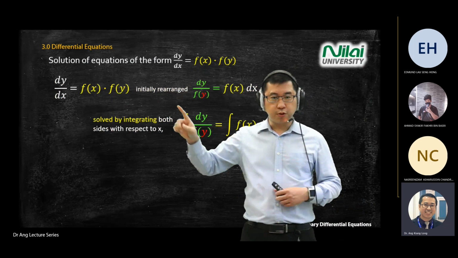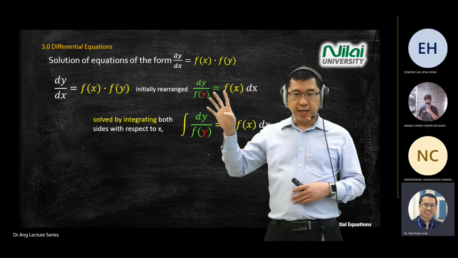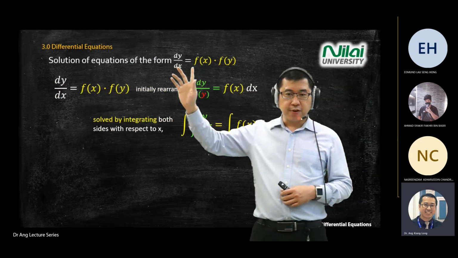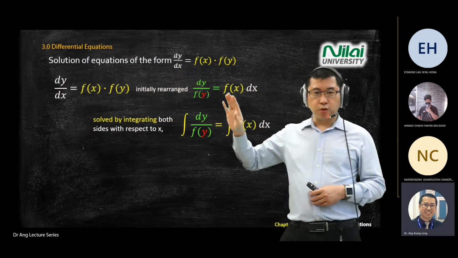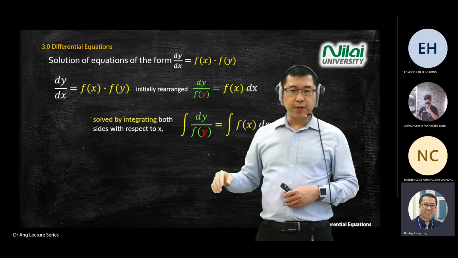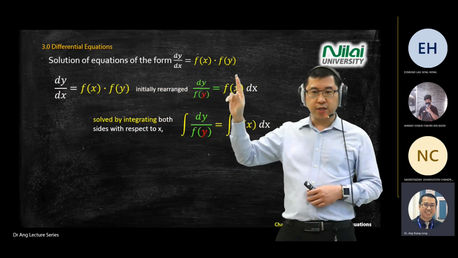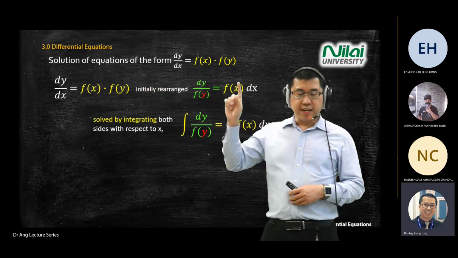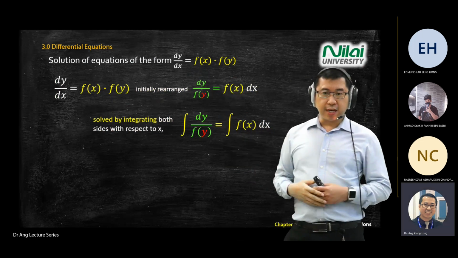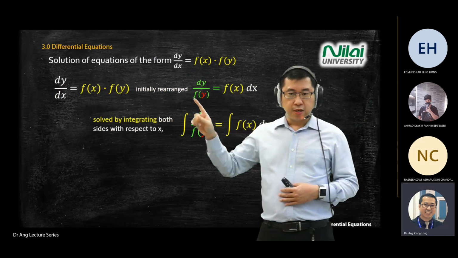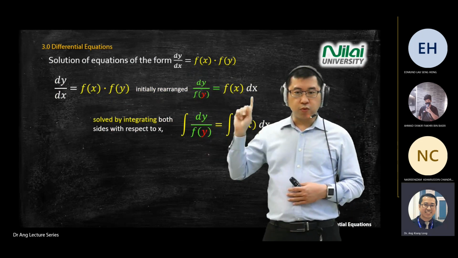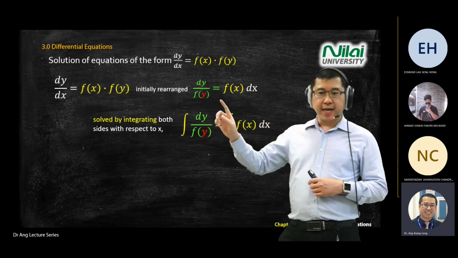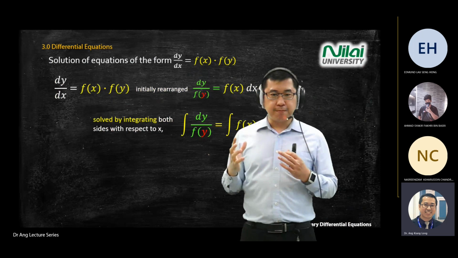First step, when you see a differential equation, arrange dy dx on one side, and don't care about anything else first. You pull your dy dx to one side and let the equation be on the other side. Then you try the first method like we learned just now. If you cannot solve, you use the second method. You move your y to one side and x to one side. So here we add one more scenario where it's just the same principle.